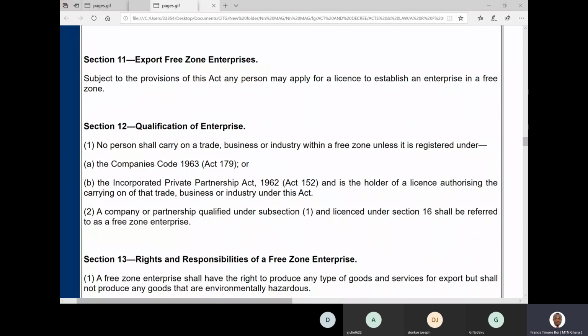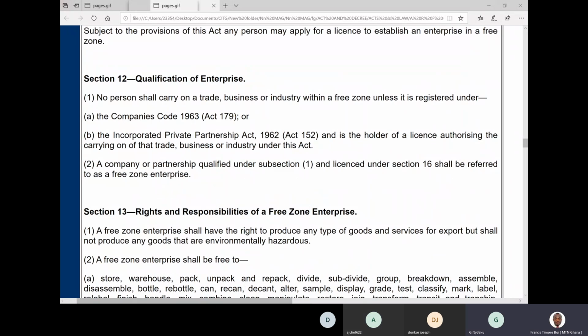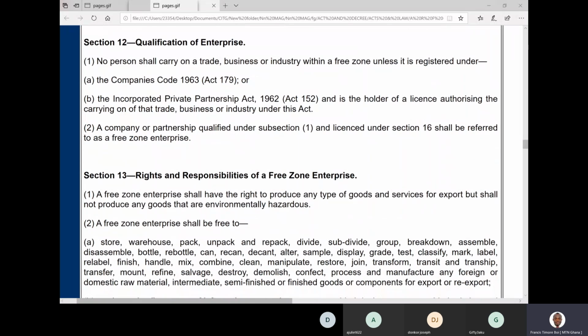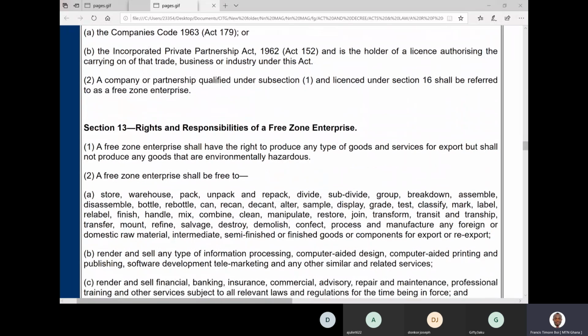Do you see it? So maybe question and write. Let's understand the policy rationale.